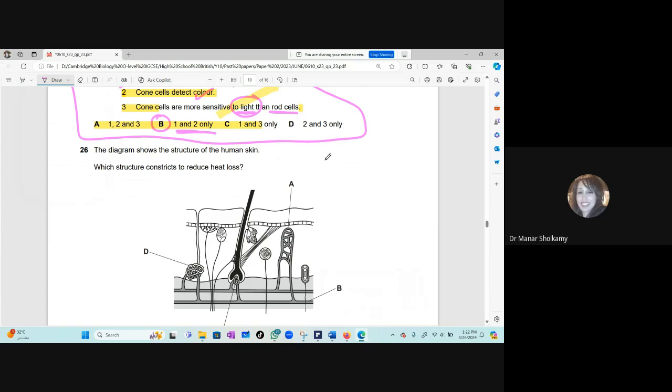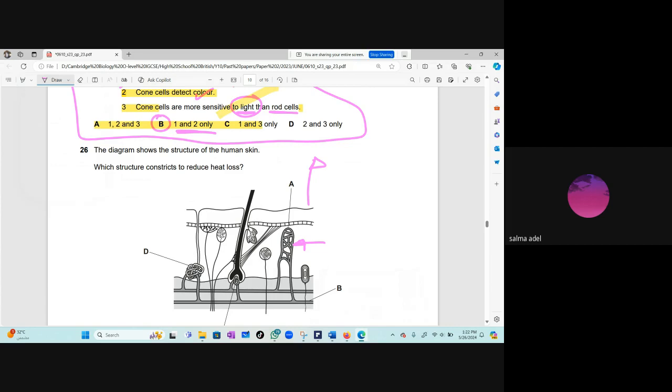Do they constrict and dilate? No. We want something to prevent the entrance of the blood into A. Because if the blood goes to A, it will be very close to the surface of the skin and heat will be lost by radiation. We don't want the blood to go to A, or we want to reduce the blood flow to A. So what will constrict to reduce blood flow to A?